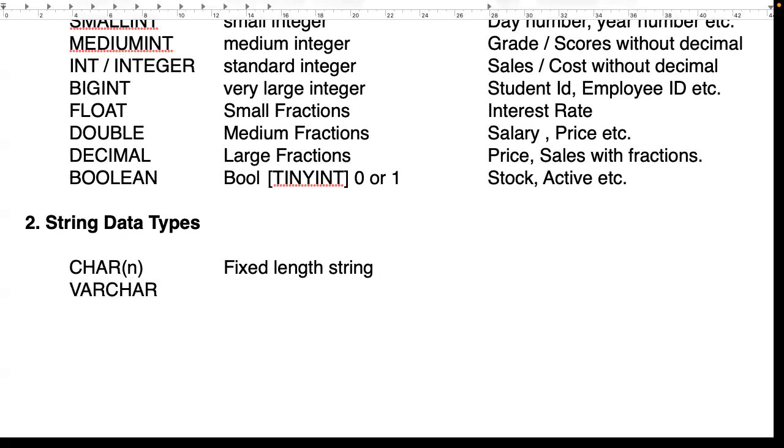Varchar with n. This is also similar, but why it is called varchar is variable character length. That means a little larger, but not with any fixed value. If you have some value changing, then better you always use varchar.